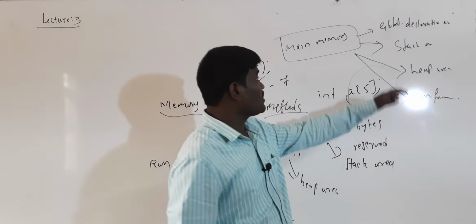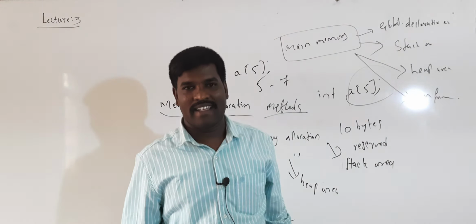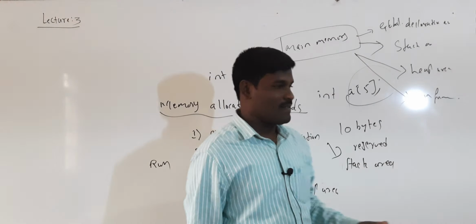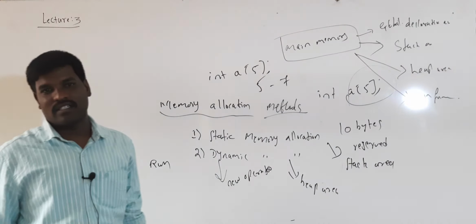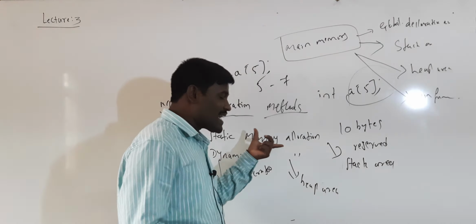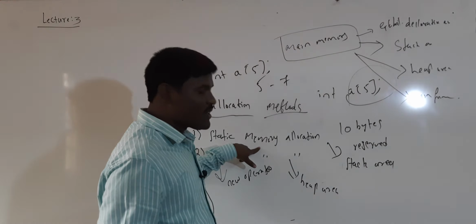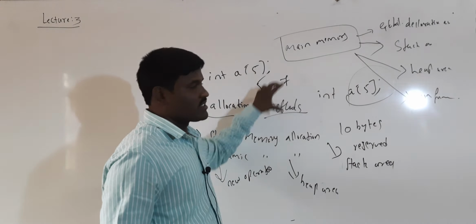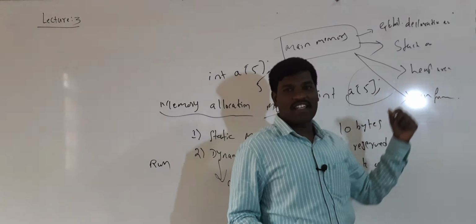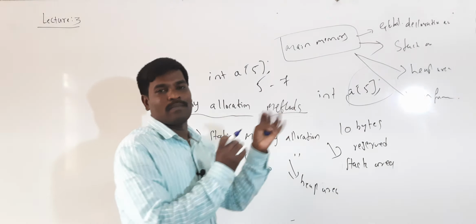If we declare global variables, they can be stored in the global area. Stack area means static memory allocation: whatever the memory is allocated in the static method, that memory is reserved in the stack area. Heap area is completely for the dynamic.